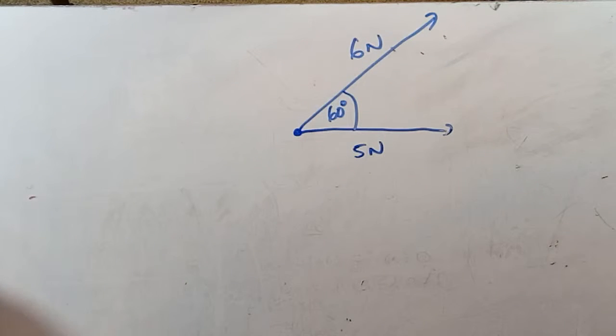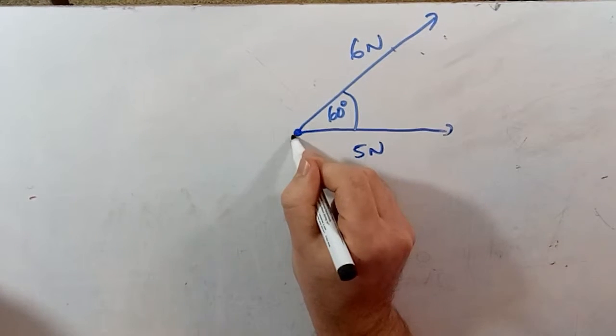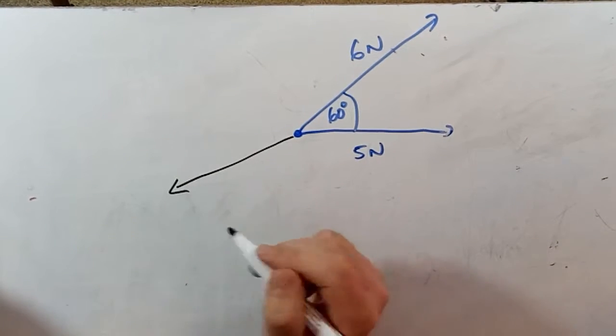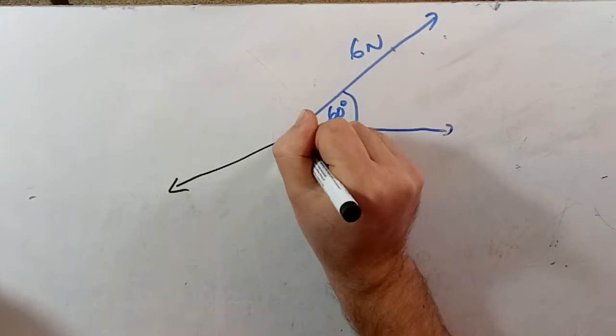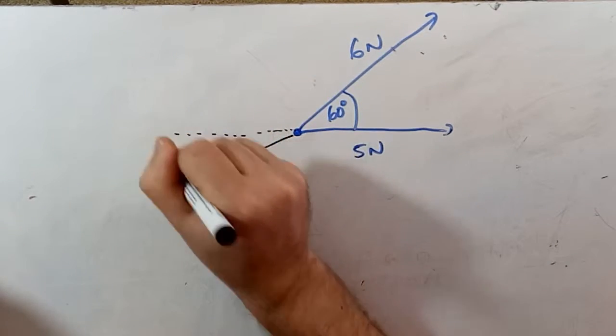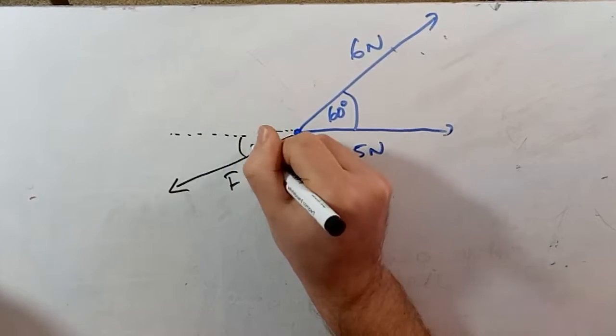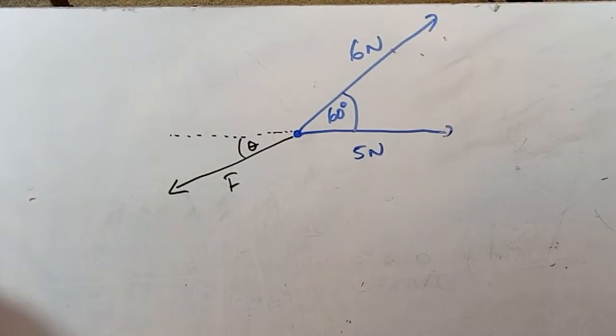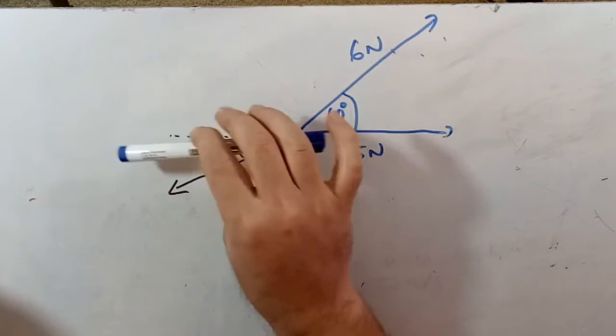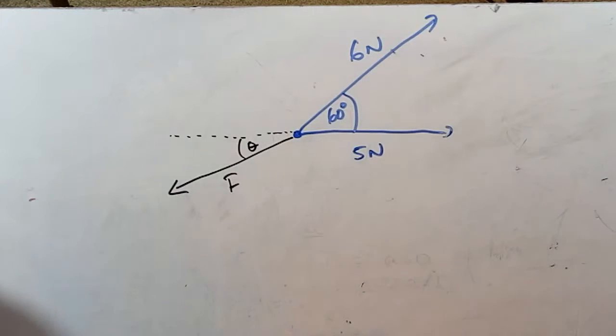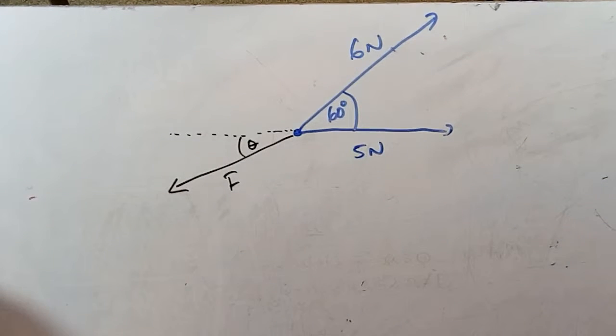And we're trying to find what force, we know it's acted upon by another force somewhere this way, so that it's in static equilibrium. So what is this force? Now, if we're finding force, we also need to find the angle. Now we can define where that angle is if we like. Okay, so if we do it on the horizontal here. Okay, so how do we do this one?